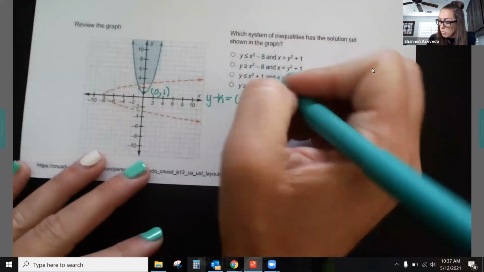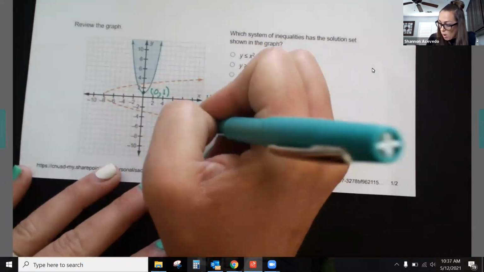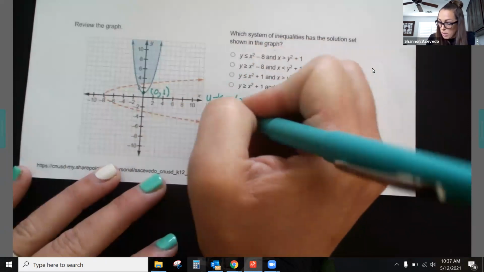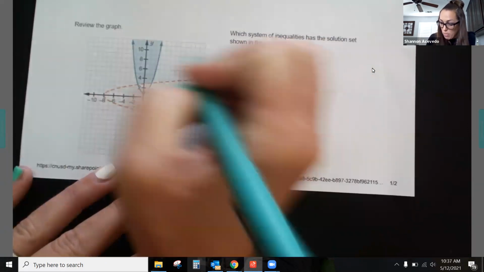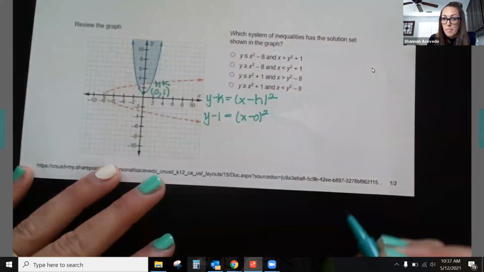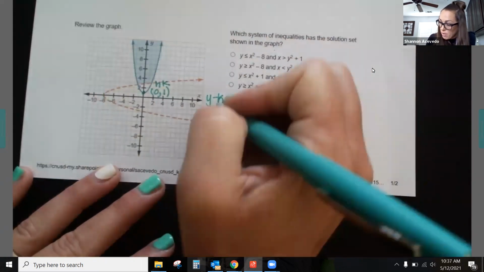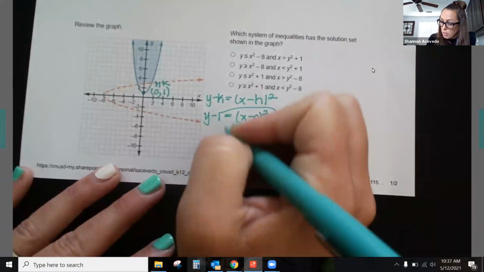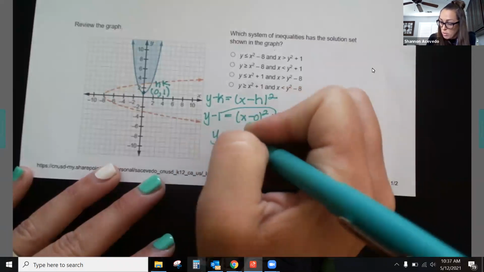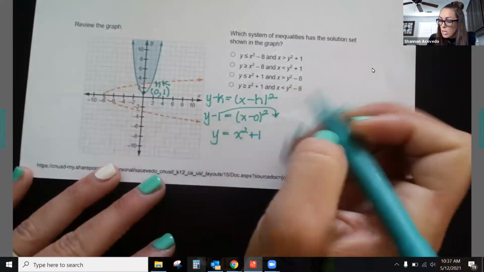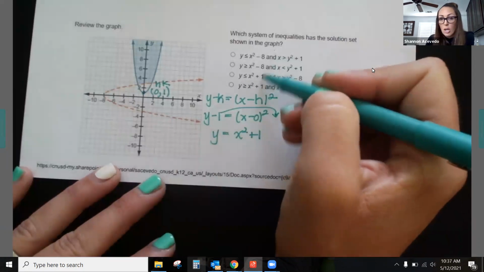And so if I look here, I would plug in and have y minus 1 is equal to some x minus 0 squared. Remember my h and my k value. And then this can be brought over to a positive, to have y is equal to x squared plus 1. So you can see that it's going to be this equation right here.